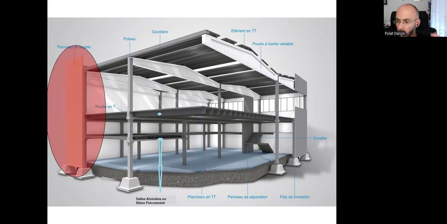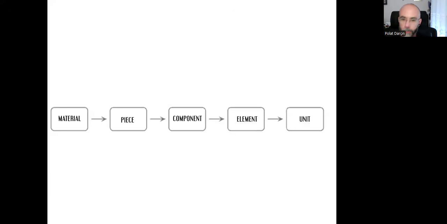And they will all function for different purposes. So we covered the units. These are the living areas, and they are created with building elements. Each element will be assigned with certain functions, certain types of protection, and they are created by materials, pieces, and components. So let's jump to the first one, the first level.